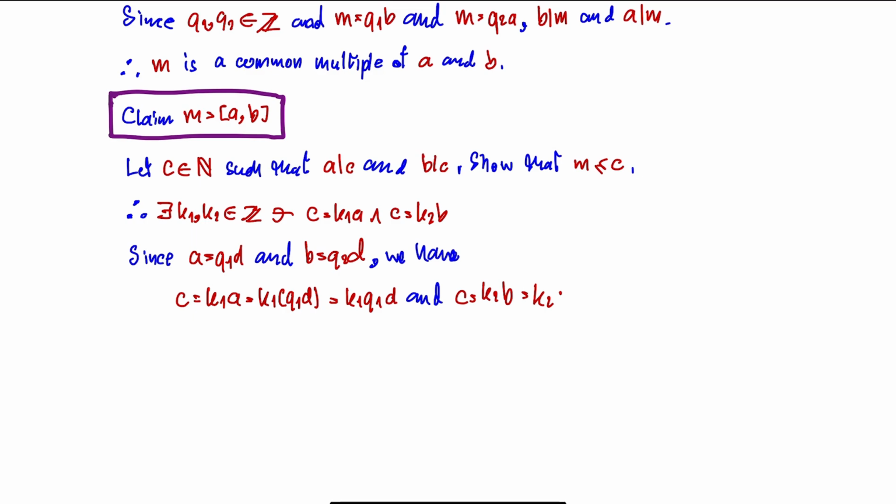Now what is B? It is Q2 D, which is k2 Q2 D. And these are both C, right? So these terms are the same.